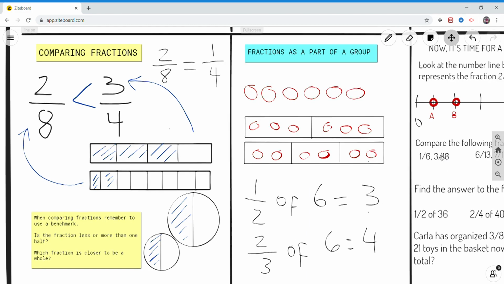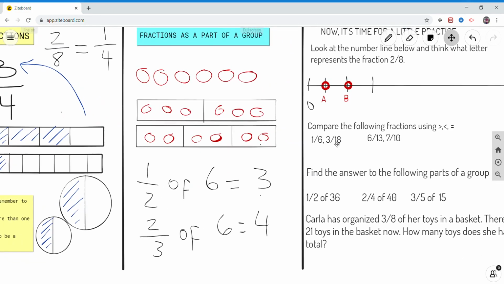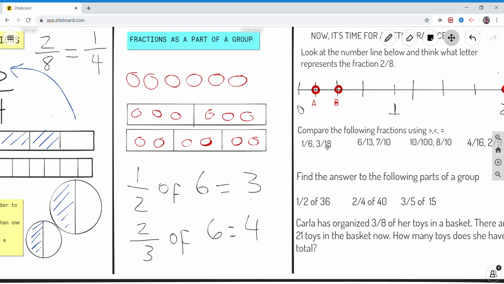So I'm going to go now to fractions as a part of a group. A fraction can also be represented as a part of a group. In this example, I tried to draw 6 apples.